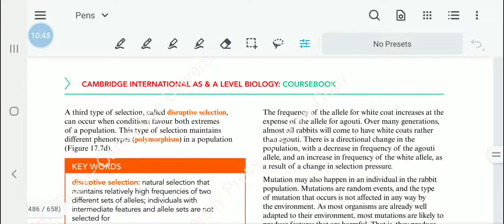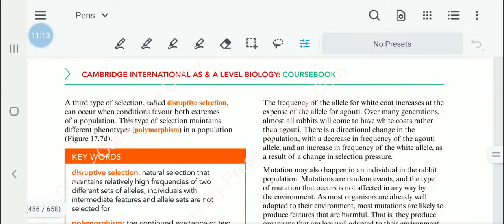So as a result, the frequency of the allele for white coat would increase at the expense of agouti rabbits. The brown rabbits are going to be affected, not just because of the allele, but because their characteristics are not suitable, or fitness reduces in the agouti rabbits. So over many generations, almost all the rabbits will have white coat rather than agouti.